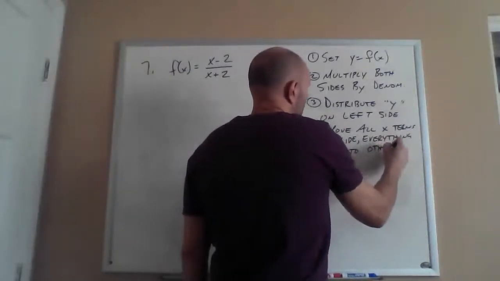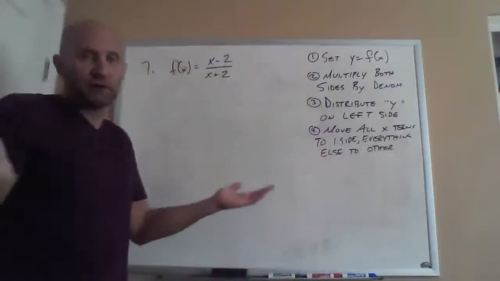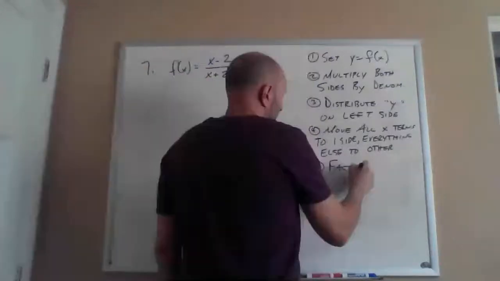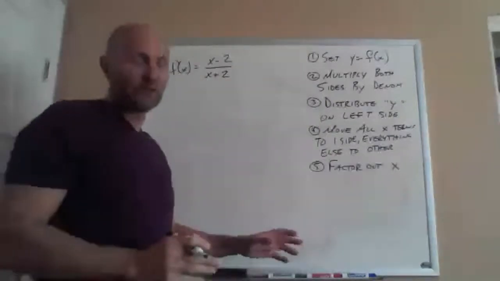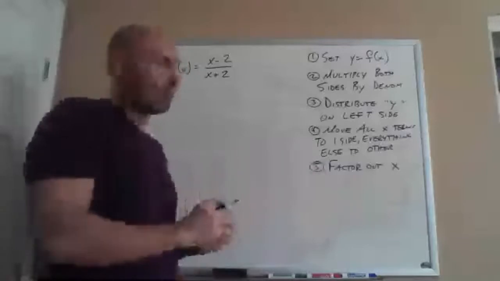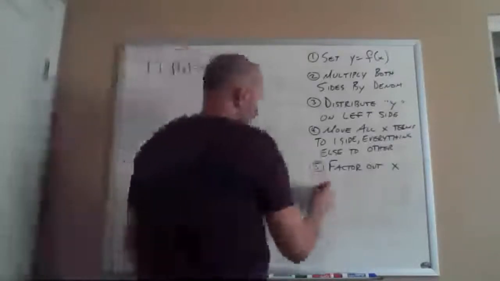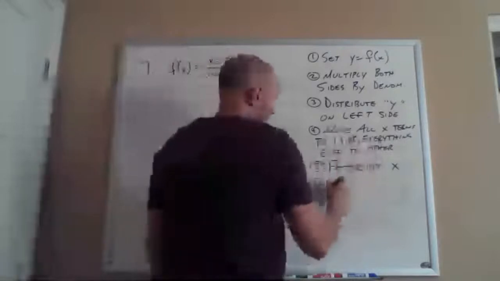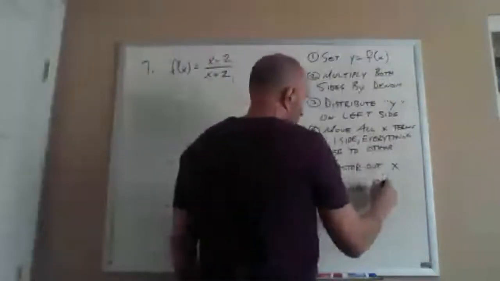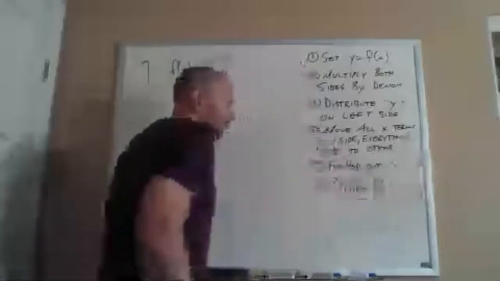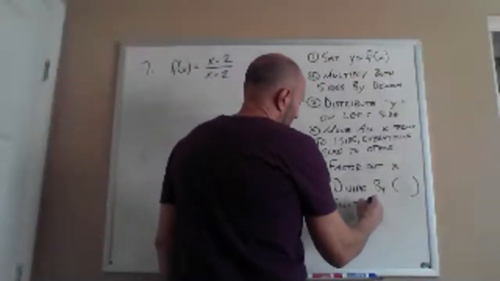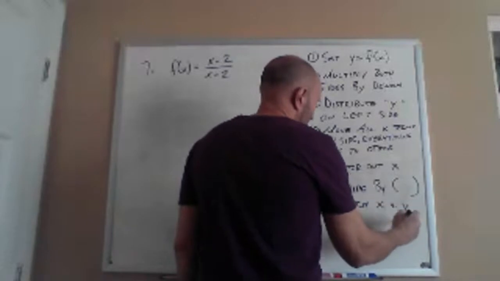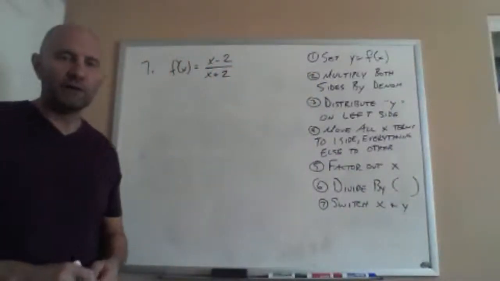So if it has an x term, move it to one side, either the left or right, doesn't matter, it's up to you. So the one side is going to have all terms that have an x in them, so you'll be able to factor out an x out of all those terms. So once you factor out that x, you're going to have the parentheses. So I'm just going to write that as divide by the parenthesis piece. And last but not least, just like before, switch your x's and y's, and that will give you your inverse function.